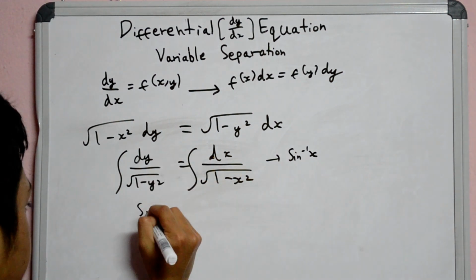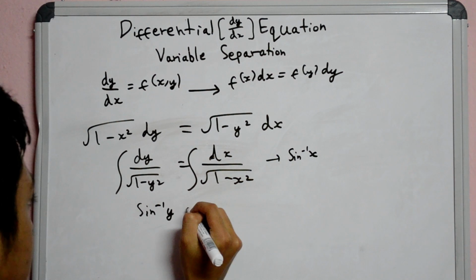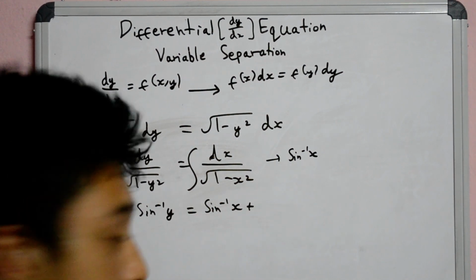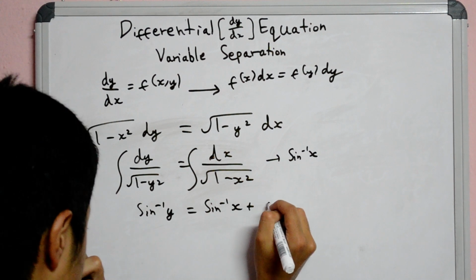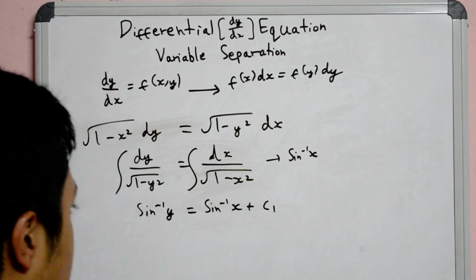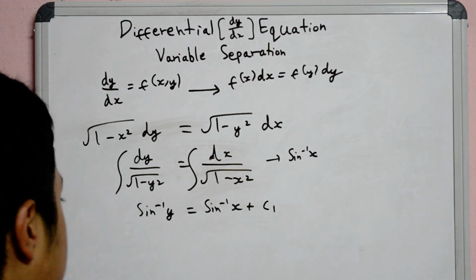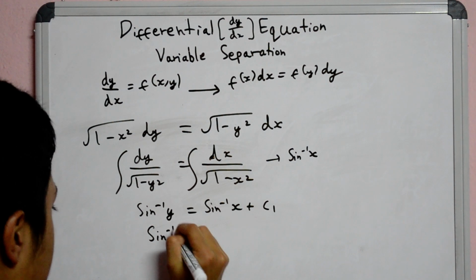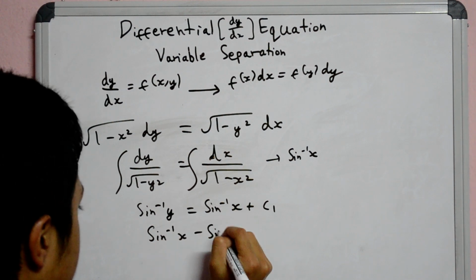And for the same, you get sine inverse y equals to sine inverse x plus, let's choose c1 for now. Then sine inverse x minus sine inverse y.